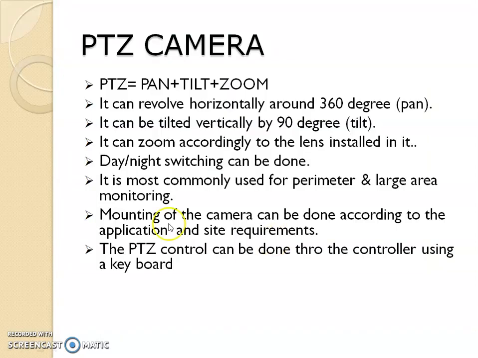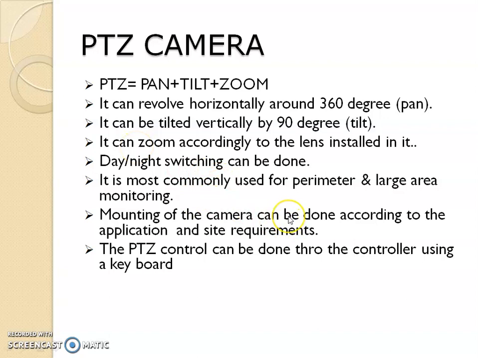Now I'm explaining. It can revolve horizontally around for 360 degrees. That is called pan. And it can be tilted vertically by 90 degrees. That is called tilt. And the third one, zoom, depends on the lens which is installed, which can be made to zoom in or zoom out. Day and night switching can also be done here.